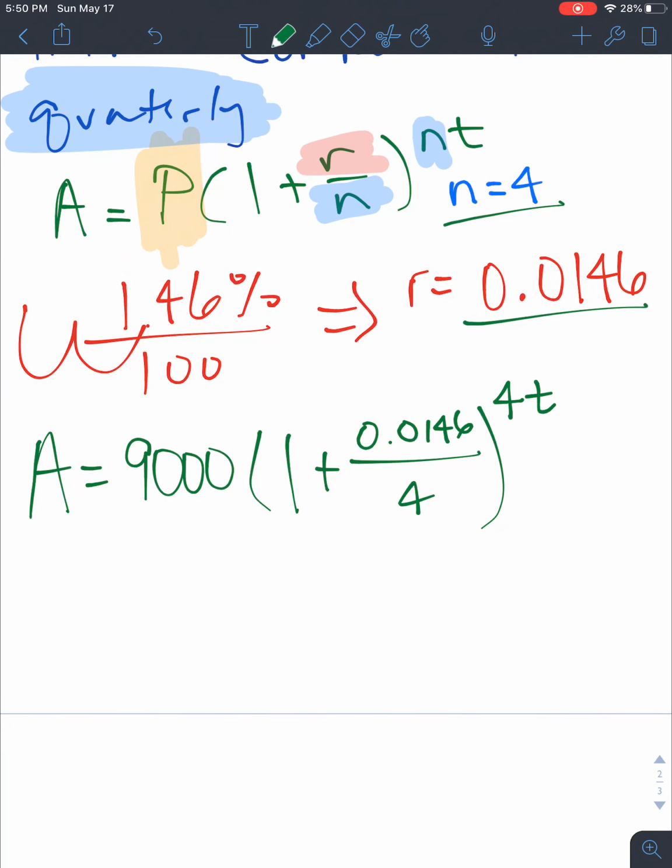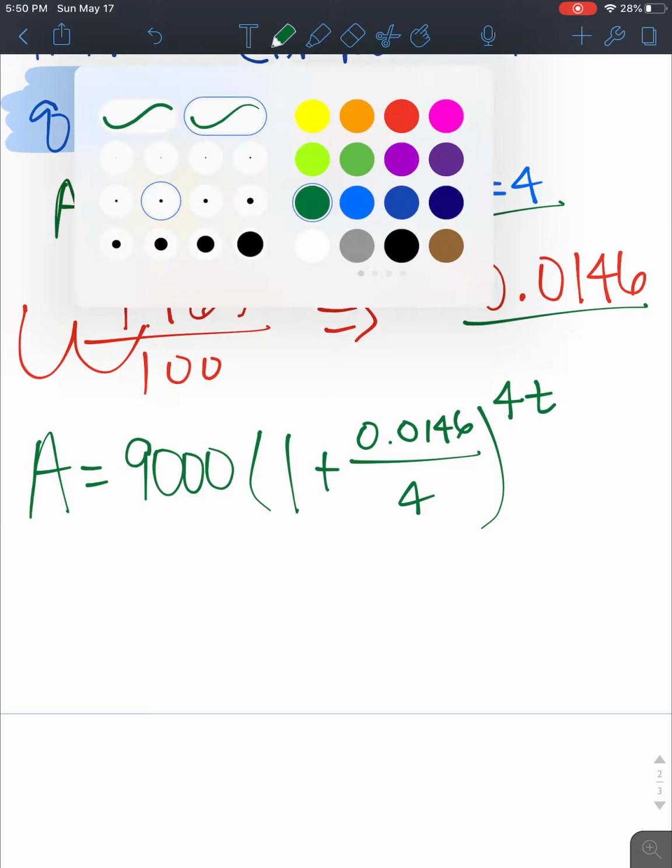But I'm not done, right? Because this is not an exponential growth or decay function, and we need it as an exponential growth or decay function. So what we've got to do is simplify the stuff inside and then deal with that exponent. That's part of why I did yesterday's lesson first, because I wanted y'all to already know how to deal with that 4T rather than trying to teach it in addition to a new formula.